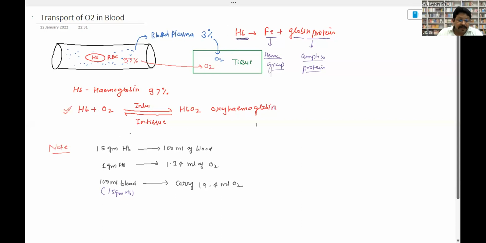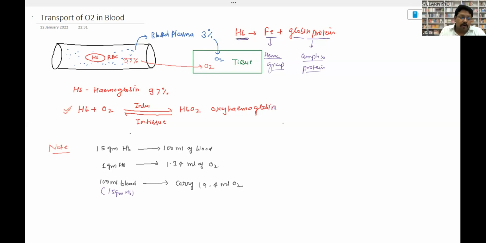Whatever I have written as a note, please note it down, right? 15 gram of hemoglobin is found in 100 ml of blood, right? Whenever we see the blood report, the doctor always suggests in females it should be 14.5, in males it should be 15.5, right? Hemoglobin content, right?